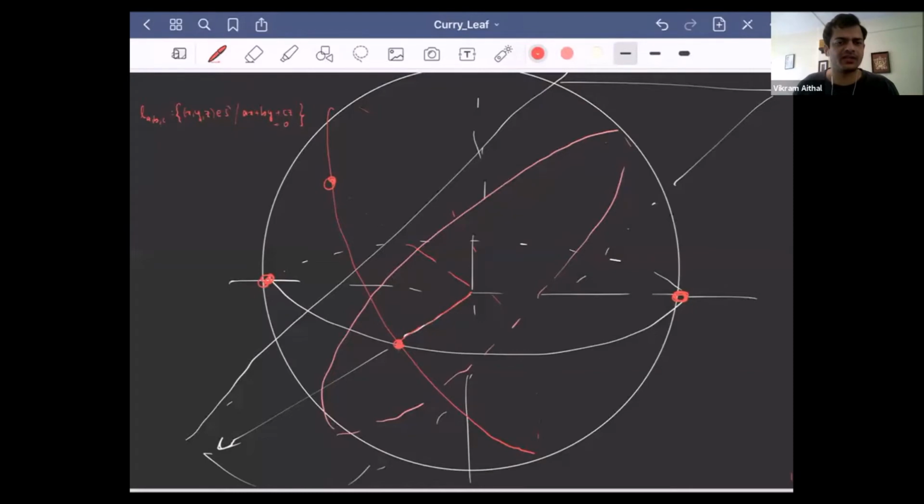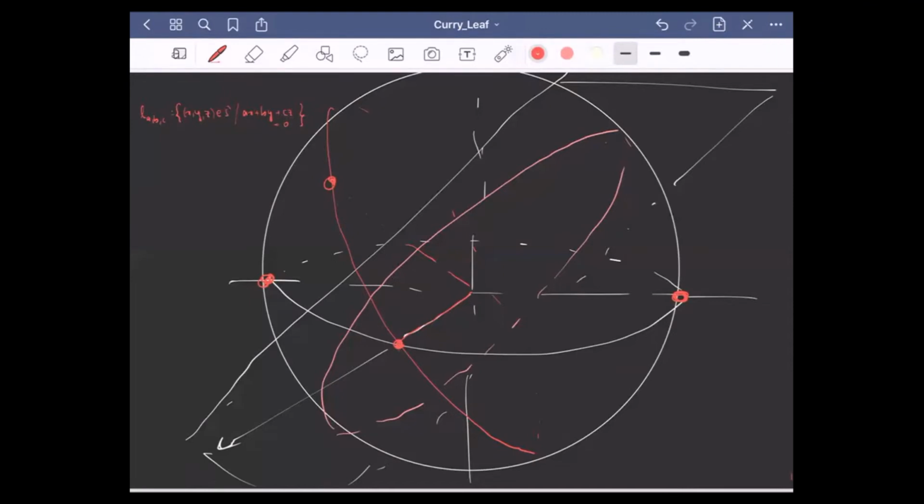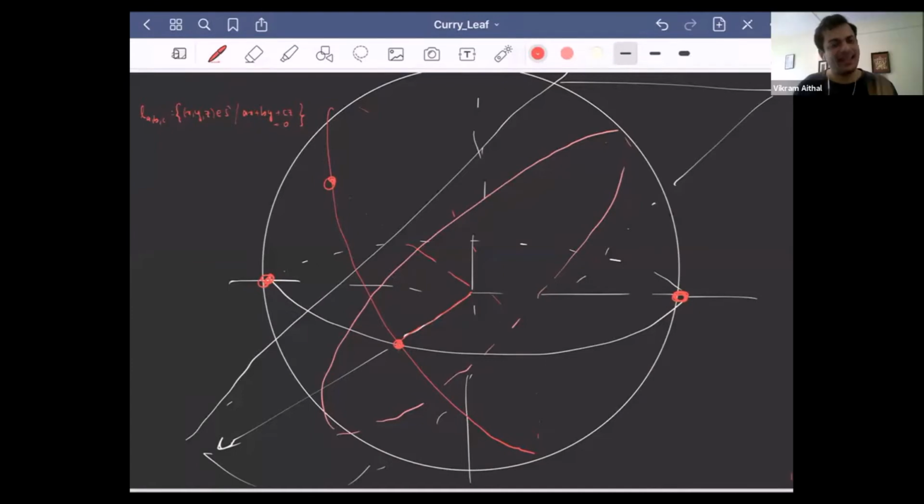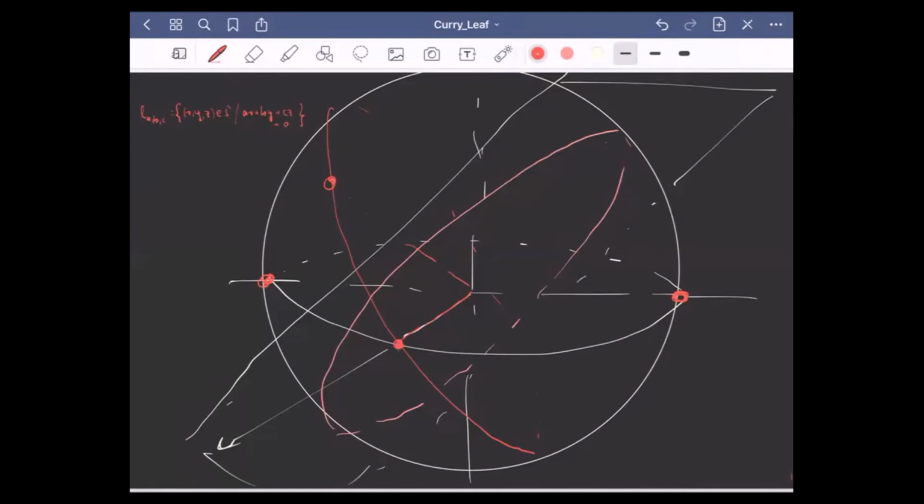How do I find a great circle passing through these two? It's not unique in that case. But can you find one? Yeah, you can definitely find one, right?